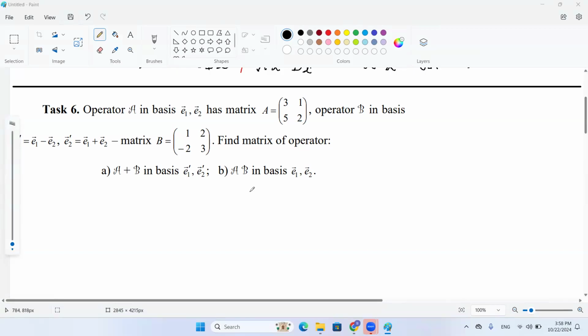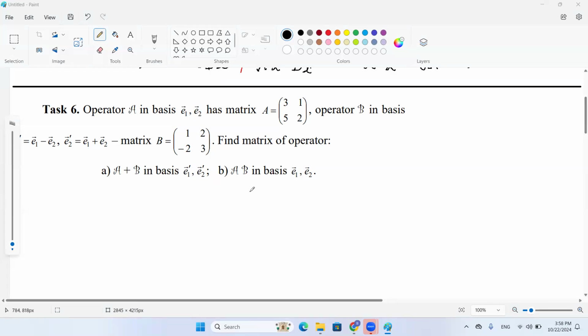Sophia? I guess using the formula A prime equals inverse matrix T times A times T. So we need to find A prime, yeah.